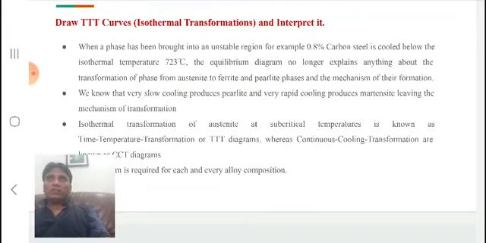Each sample is cooled at a different temperature. That means that particular specimen is brought to the required temperature and held at that temperature until the entire transformation takes place. So that is exactly what happens during the transformation process.